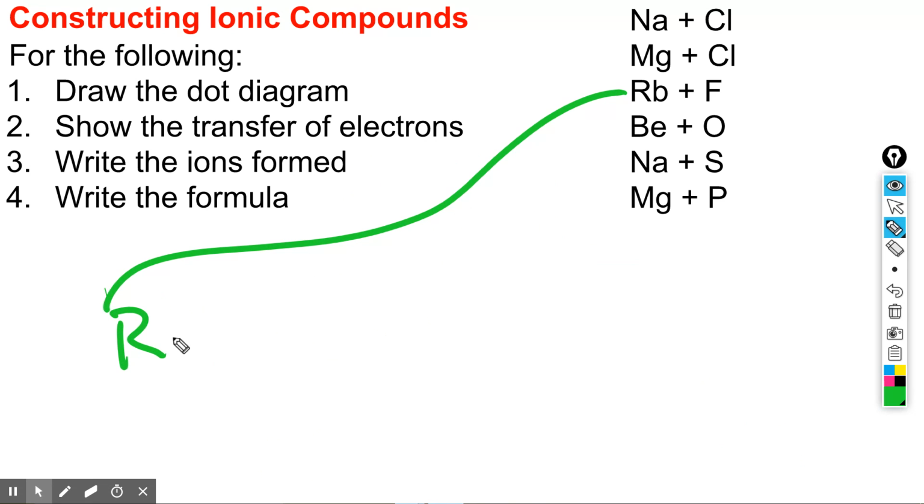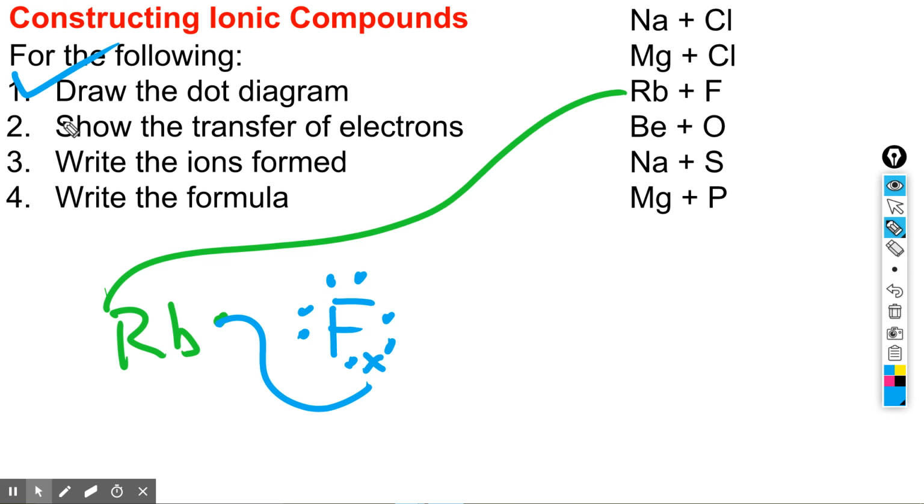Next one, rubidium fluoride. Rubidium is in group 1, so it has 1 dot. Fluorine is in group 17, so it has 7. 1, 2, 3, 4, 5, 6, 7. Draw dot diagrams. Show the transfer. Write the ions formed. Rubidium gave 1 away.